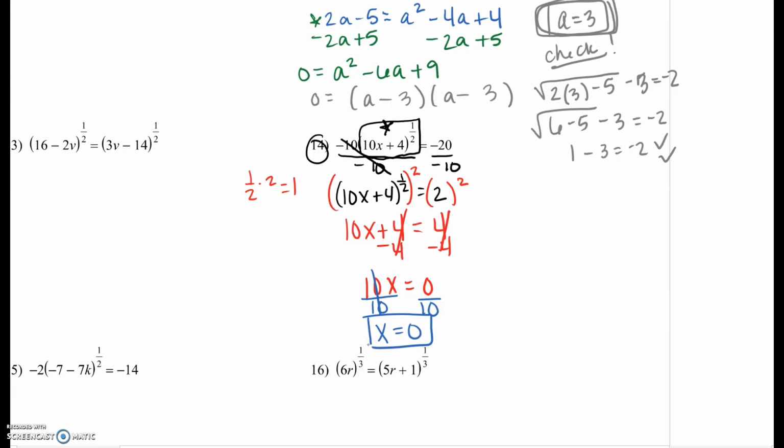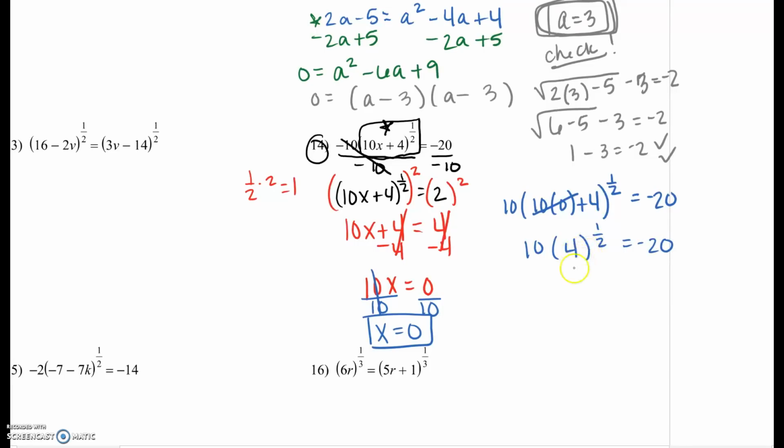Okay? If I plug that in, I have negative 10 times 0 plus 4 to the 1/2 equals negative 20, which gives me a 0 here. And so I have negative 10 times 4 to the 1/2 equals negative 20.